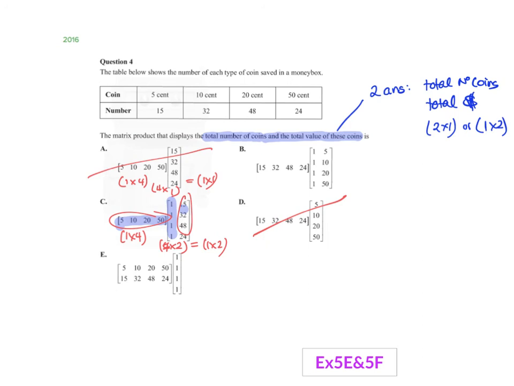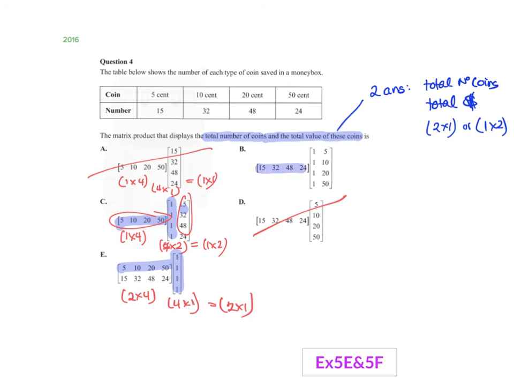So let's go look at something else. So what about this one? This is a 2 by 4 and a 4 by 1. That's going to work, but once again, it's going to be a 2 by 1. It's this one I don't like. It's just adding up the names of the coins. That's not what I want. But this scenario is okay. So what about here?